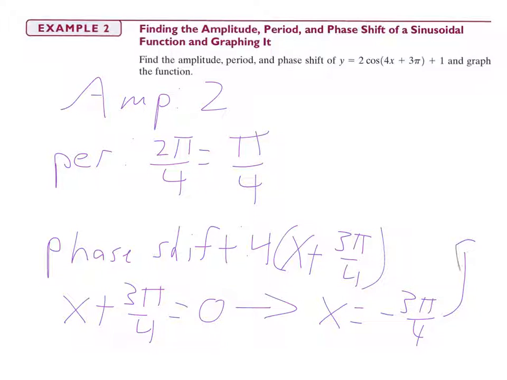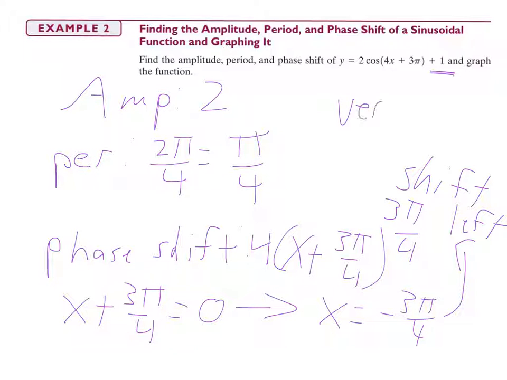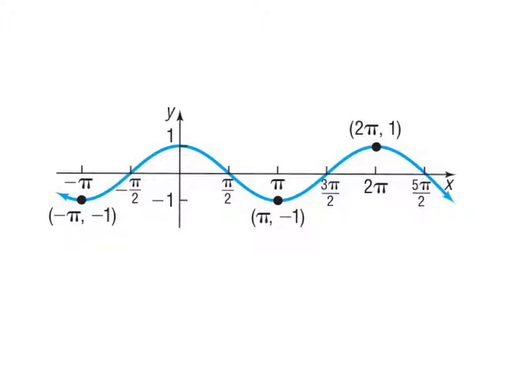That means you shift the entire graph 3 pi over 4 to the left. And also see this plus 1 on the end? That means you also have a vertical shift, at the very end, you'll shift the entire graph up 1 unit. So here's our original graph of the cosine function.